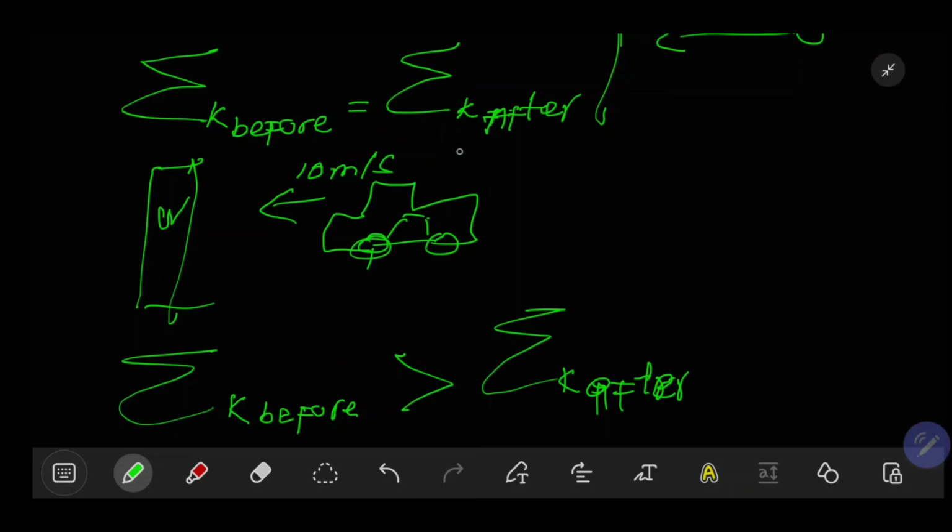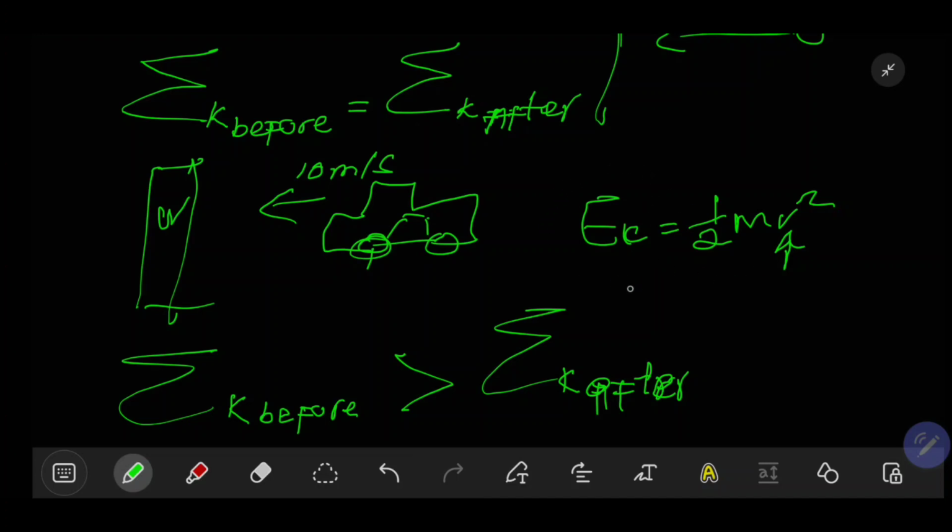Because in the initial phase, we know that kinetic energy, or EK, can be calculated using half mv squared. In the initial position, the car is moving, meaning it has a velocity v, so we have a value for our kinetic energy.